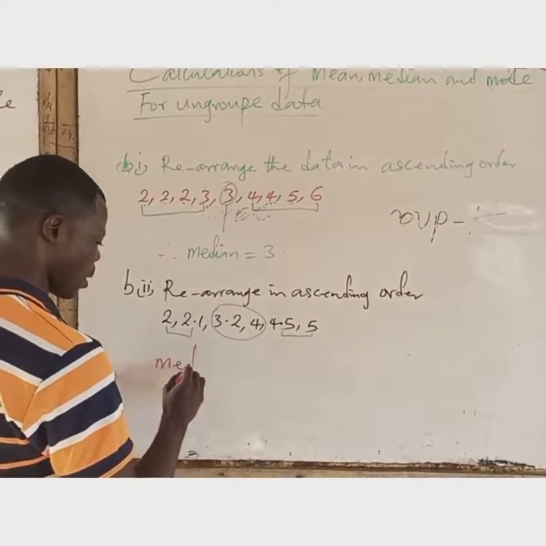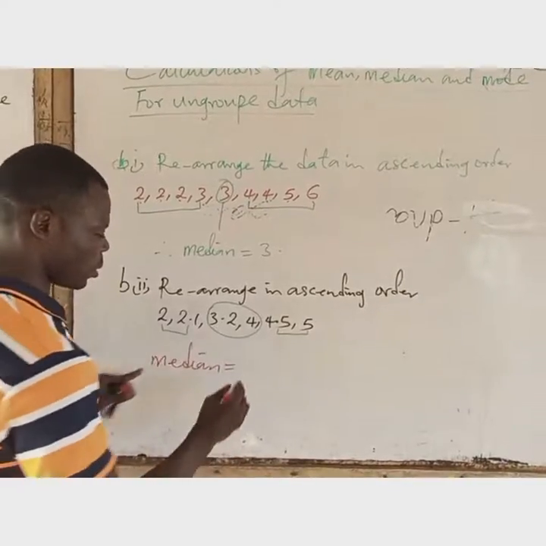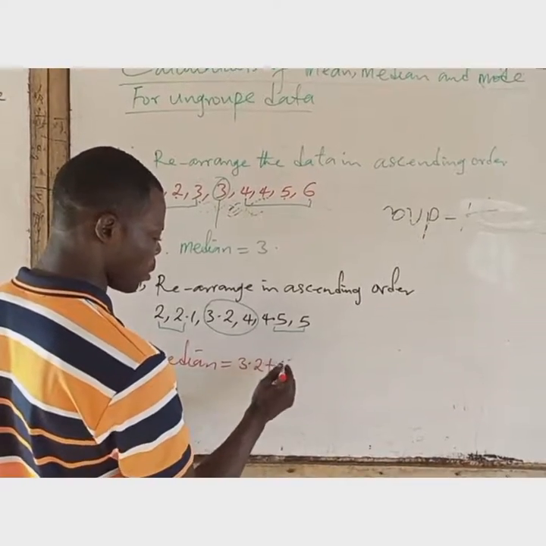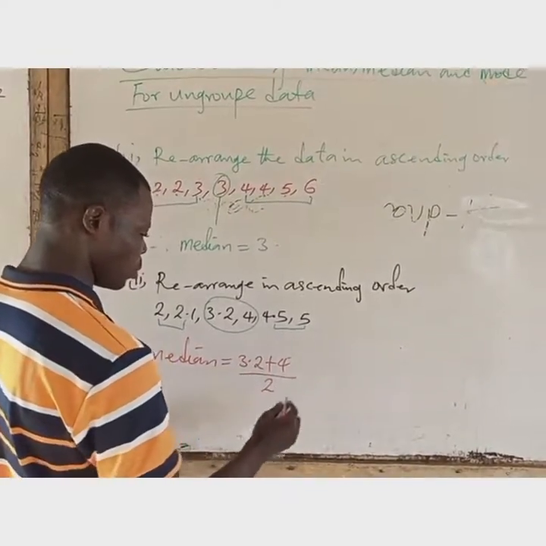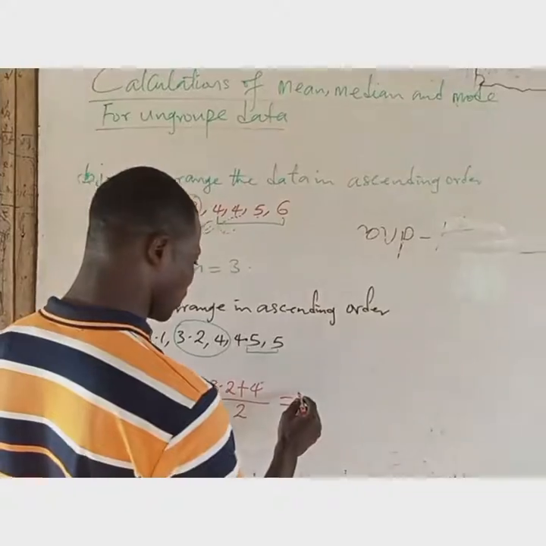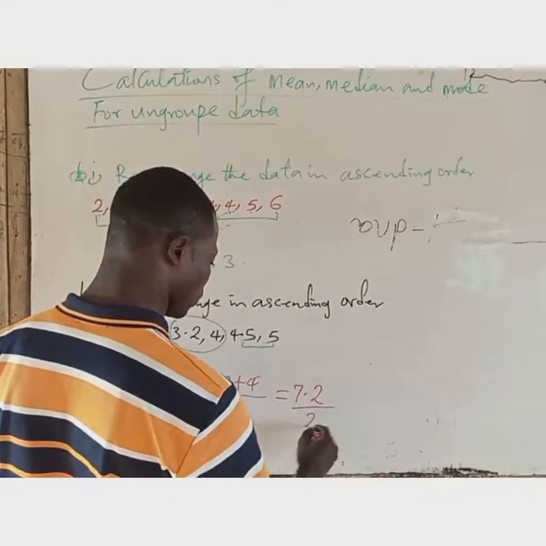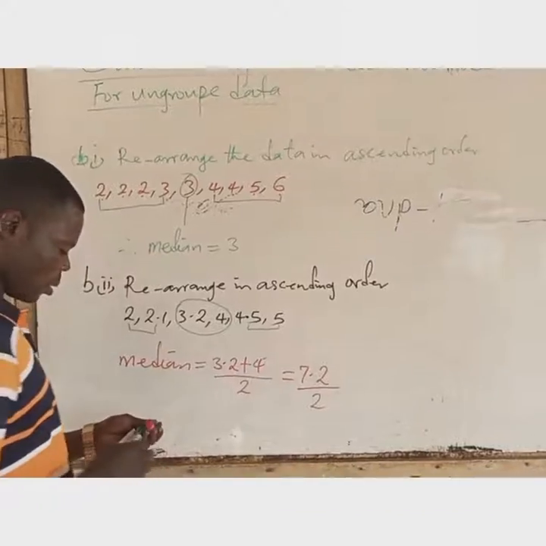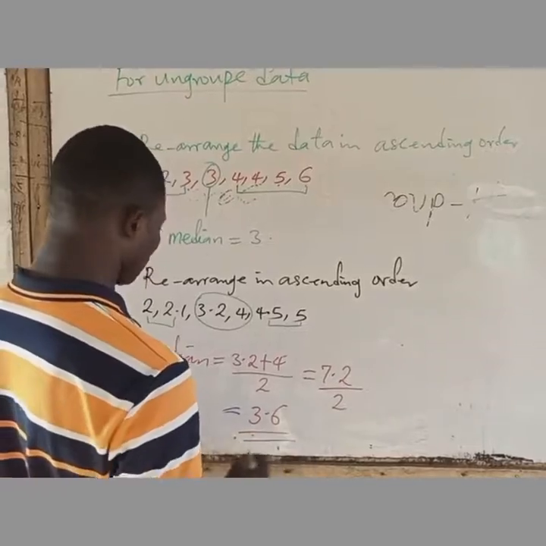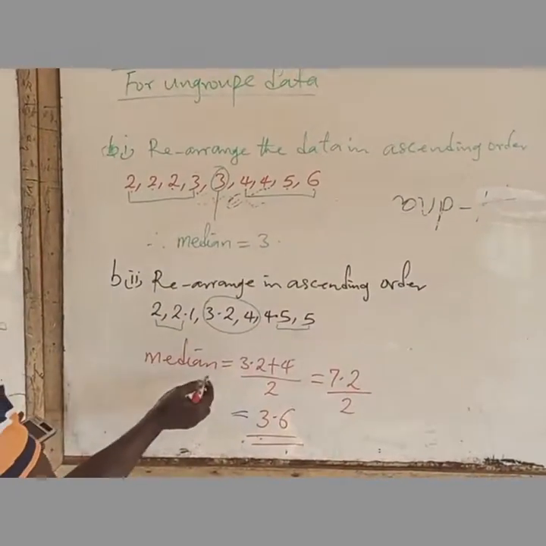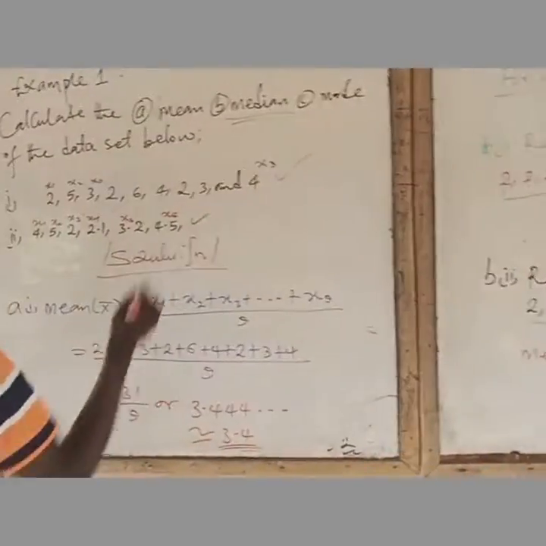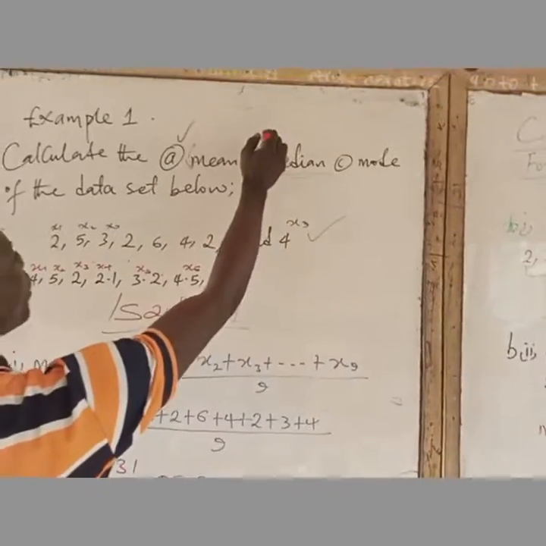Our median will be equal to 3.2 plus 4 divided by 2, which is 7.2 all over 2. So we can divide it, and we're going to have 3.6. So this is the median for the second data. We are done with A and B.